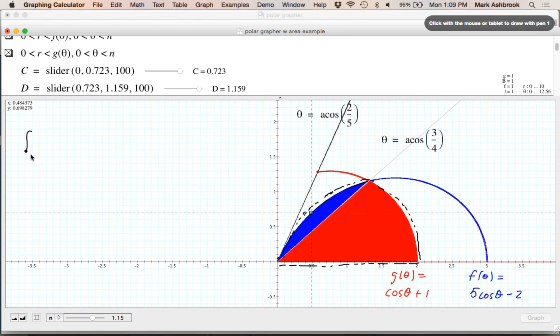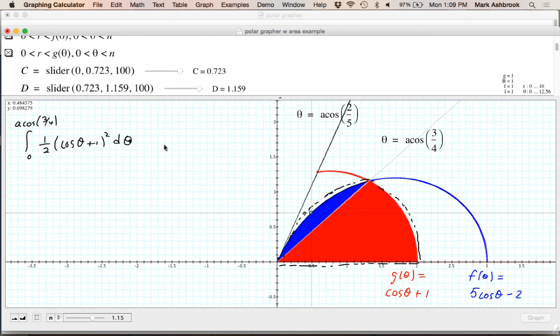So it's going to be an integral from 0 to arc cosine of 3/4, 1/2, plus integral from arc cosine 3/4 to arc cosine of 2/5ths of the blue one.